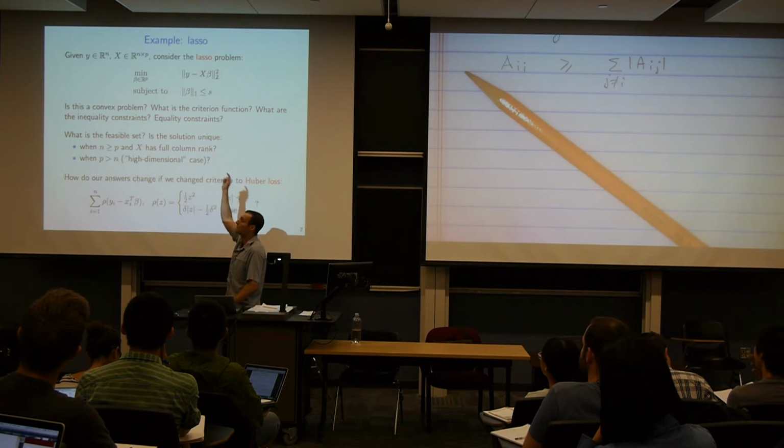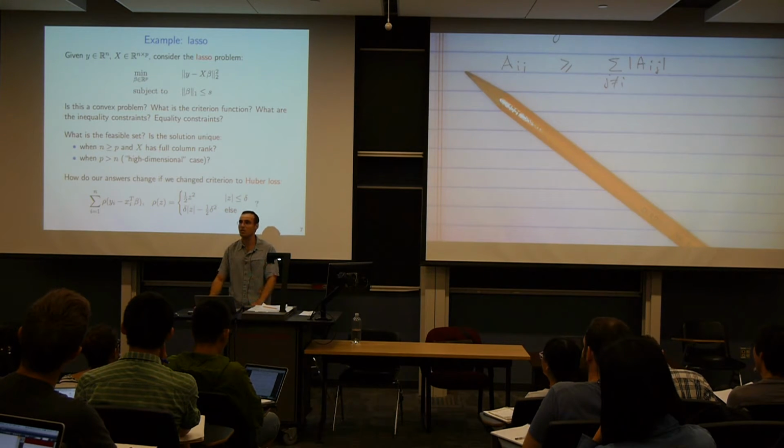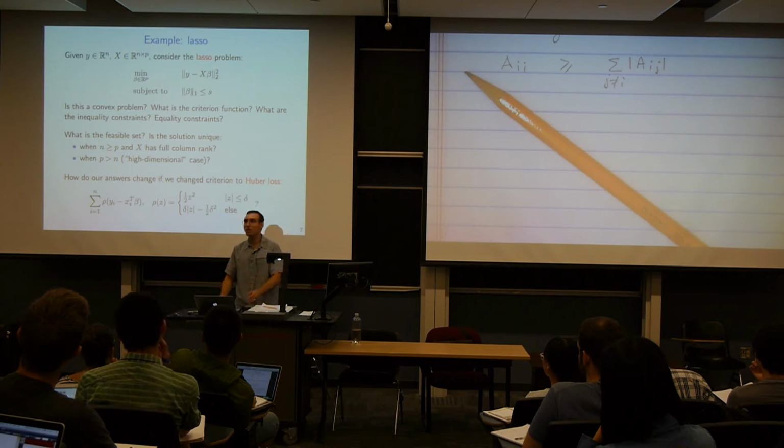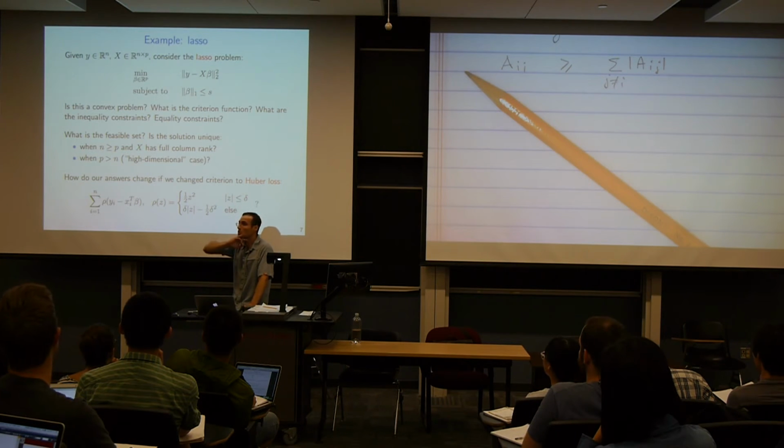You can also see that if I take the second derivative of the loss with respect to beta, I get x transpose x as the Hessian matrix, which is always positive semi-definite. We said that already. If I take the cross product of any matrix with itself, like x transpose x, that's always positive semi-definite. And the constraint, there's just one constraint, and that's a norm constraint on beta, and norms are convex. So it's a convex constraint.